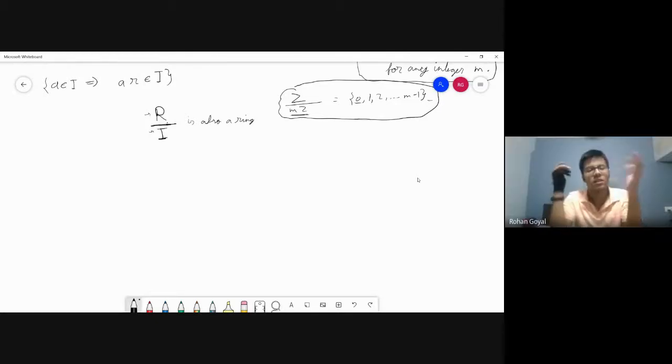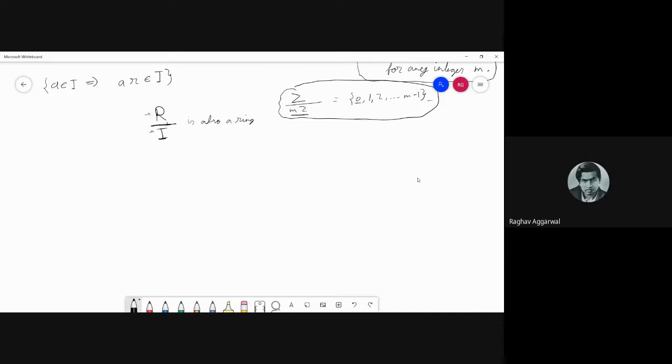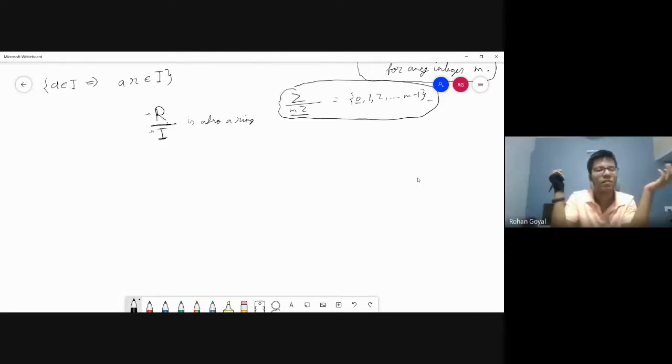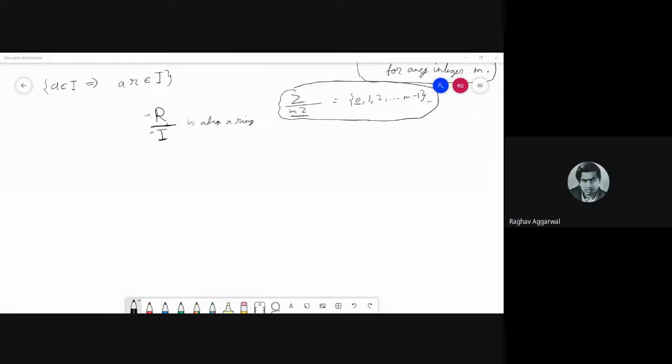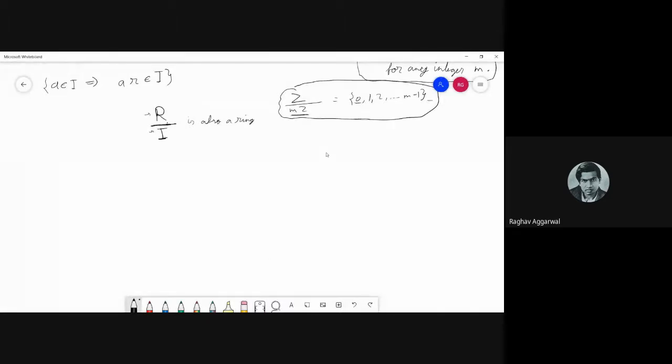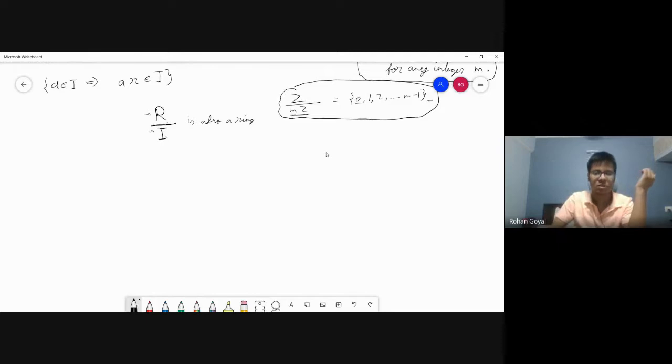So you just consider distinct elements mod I. Oh, okay. And mod I, we say two elements are the same if A is congruent to B mod I, that is, if A minus B is in I. Okay. It's the same idea that we always use here.